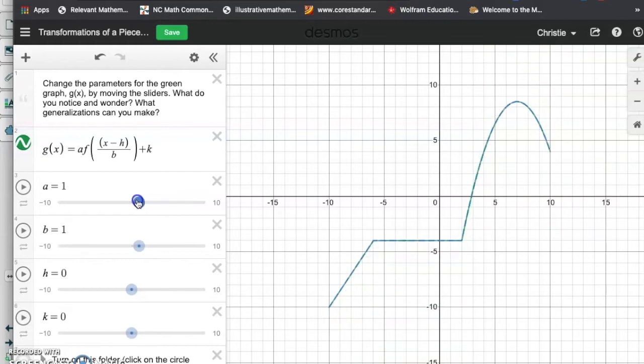To reset it where it was, leave A at 1. Let's do the same thing for slider B. What do you notice and what do you wonder? Can you make any generalizations?